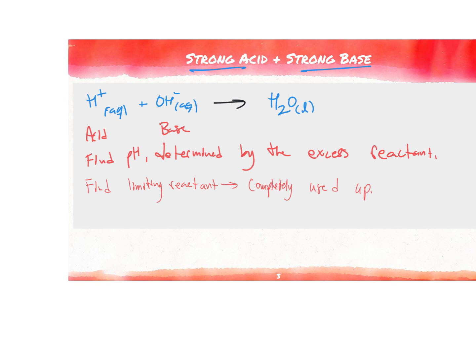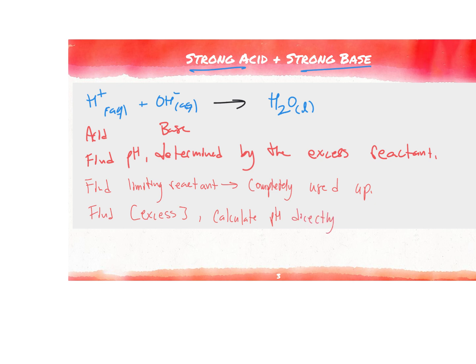And then all you need to do after that is find concentration of excess, whether or not that's H plus or OH minus, strong acid or strong base. Then from there, you can calculate pH directly.